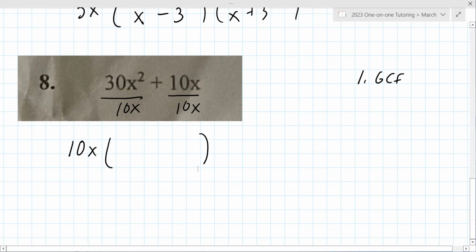Three x plus 1. You got it. Now, is this a difference of squares inside here? No, it is not. So you are done right here.